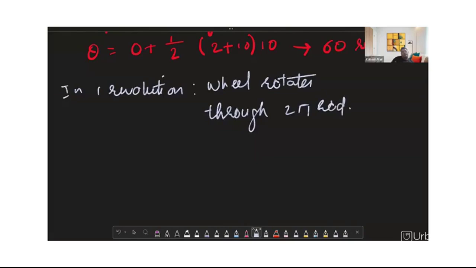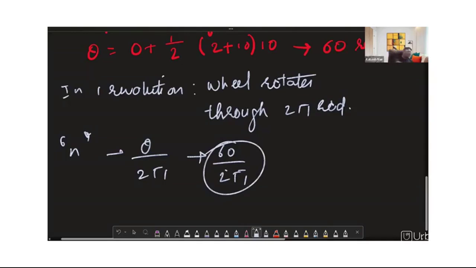So what will be the number of revolutions, n? Very easy. We just need to substitute a known formula, which is theta upon 2 pi. This formula also comes up when students are discussing units and dimension, just after the parallax method. 60 by 2 pi. That's your answer.